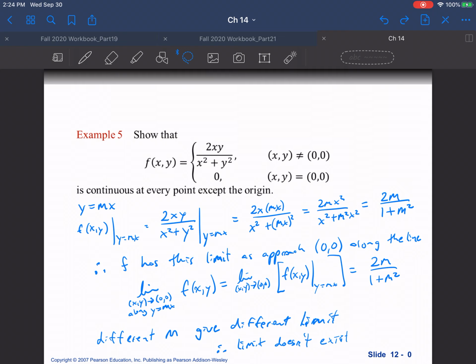Well, showing it's continuous at every point, ignoring the origin for a second, is pretty easy, because you can just plug any non-zero numbers into there. So any point you want, 1, 1, 5, 5, 1, 5, negative 100, negative 100, whatever, you can plug in there. And then you can just work it out, and you'll get something that works, that is not an indeterminate form for a limit.